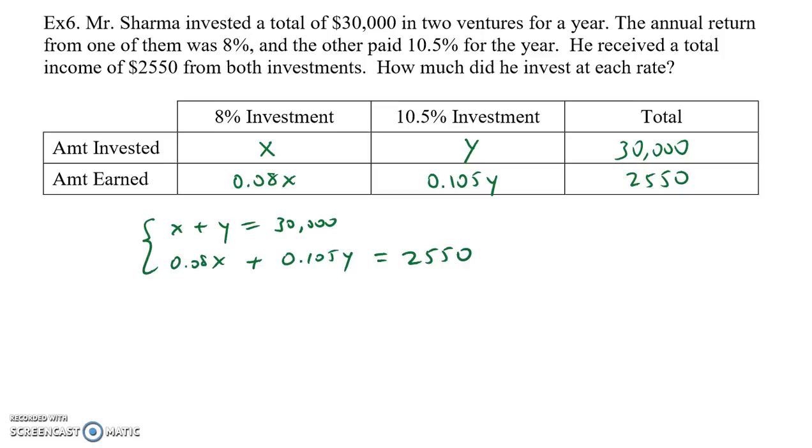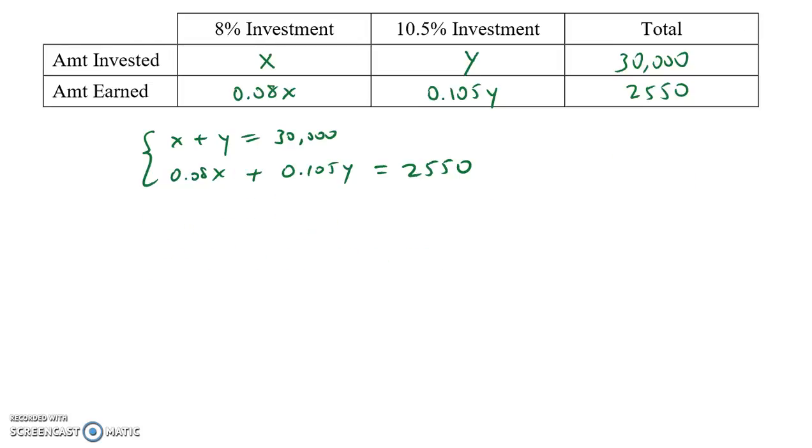These are both linear equations, and we can use either substitution or addition to solve the system. Now, for a system like this, with the first equation being so simple, it's very easy to solve it for either x or y. For example, if I solve it for y, I get y equals 30,000 minus x.